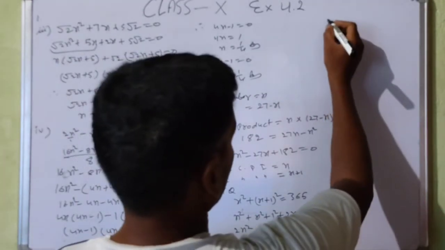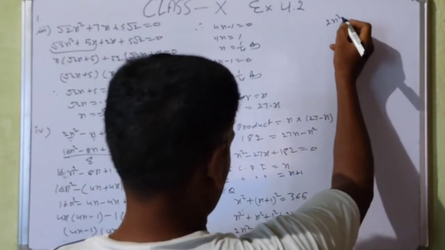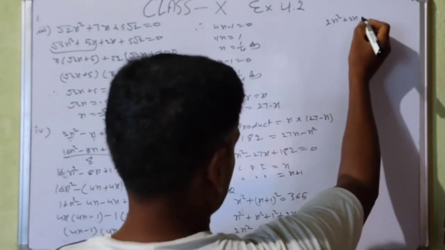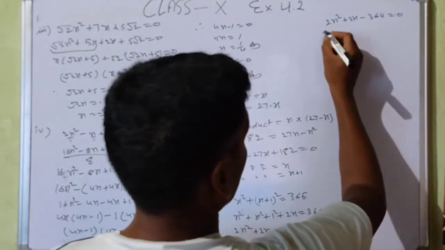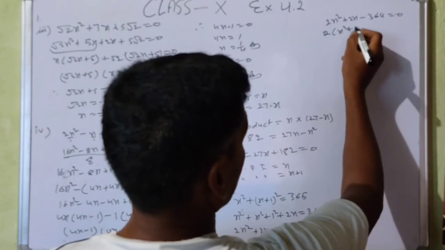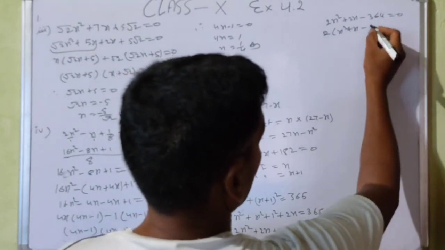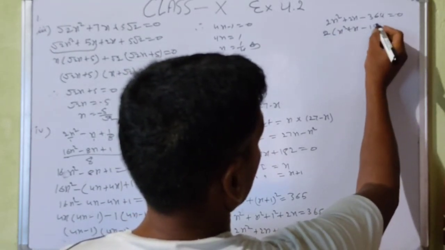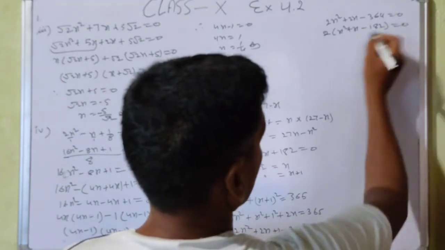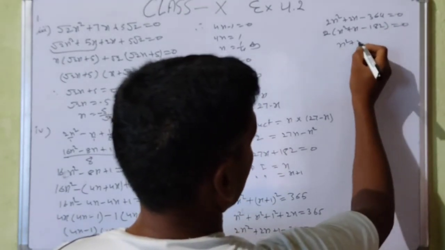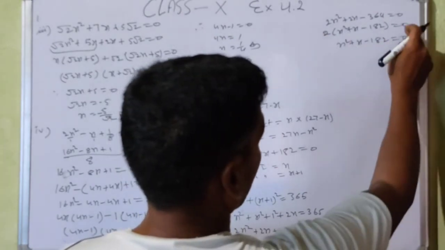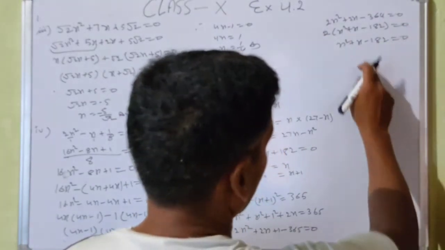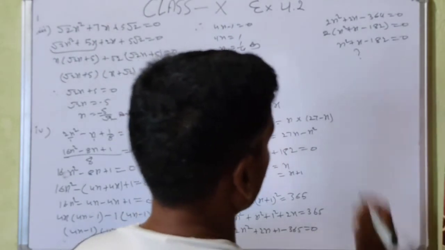Now that will be 2x square plus 2x minus 364 is equal to 0. 2 will be common, so x square plus x minus 182 is equal to 0. By middle term splitting, you can solve it very easily.